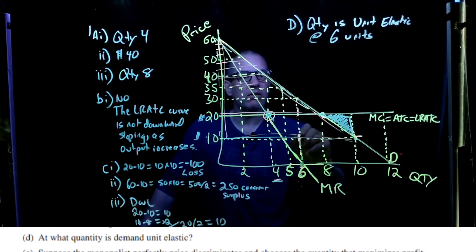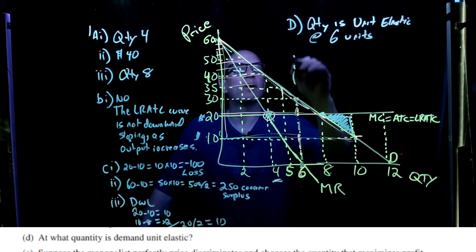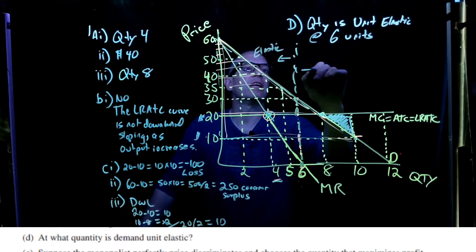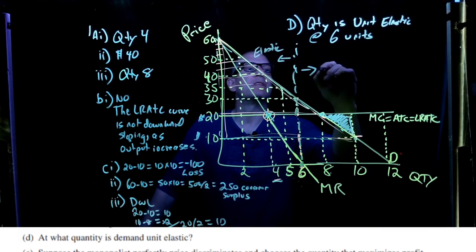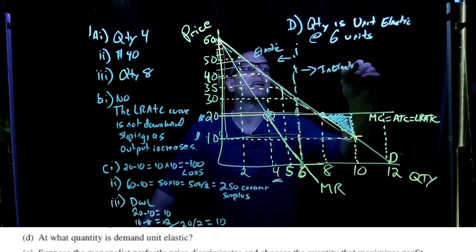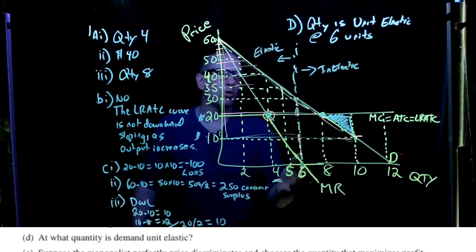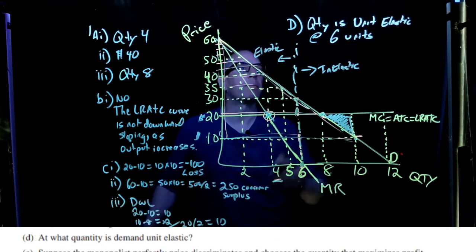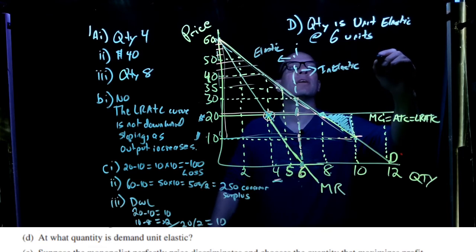Because that's at 0, and anything over on this side would be considered elastic, and anything over here on this side would be considered inelastic. It doesn't ask us to explain. We could talk about the total revenue being at its maximum at that point, which would indicate that 6 units would be unit elastic.